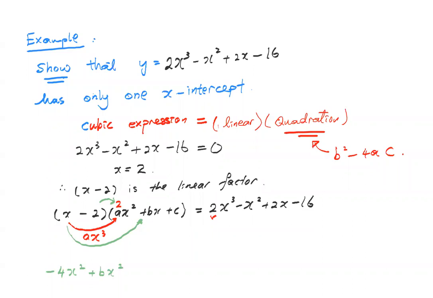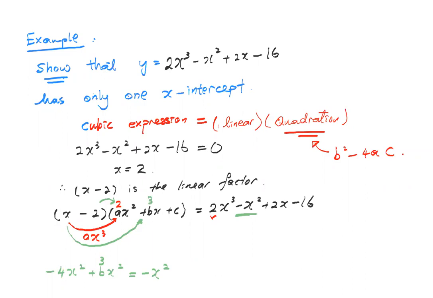And this should be the same as negative x squared, correct? So can you tell me the value of b? I know the value of b must be 3. So that is how I analyze.